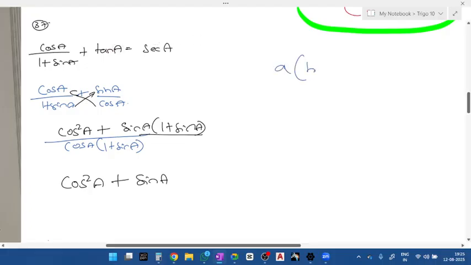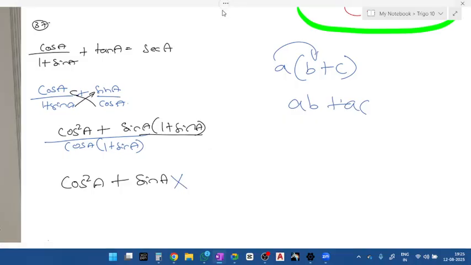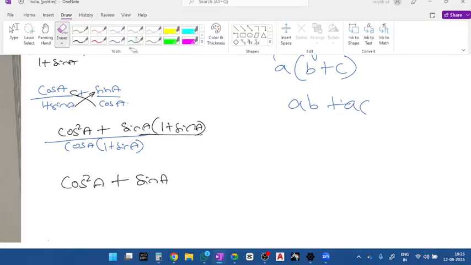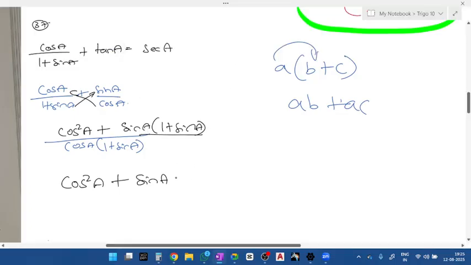How do you multiply this? Then why are you telling me into here? You open the bracket. Plus sin A and sin A will get sin A.